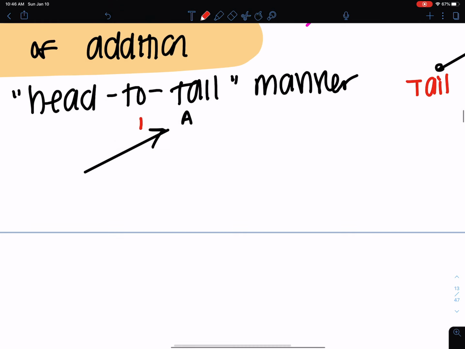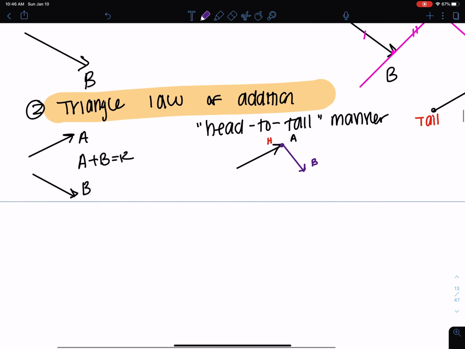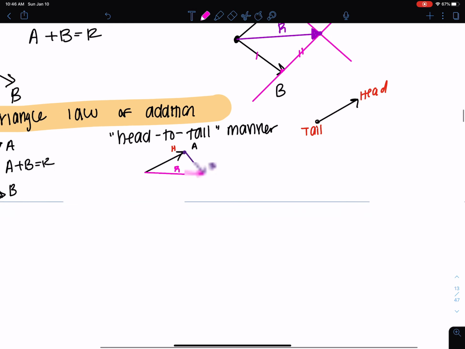I want to connect the head of A to the tail of B. So I'm going to put a tail here, and I'm going to draw B. You see how I just took B, same direction, and put it right there? And now this here is my resultant.